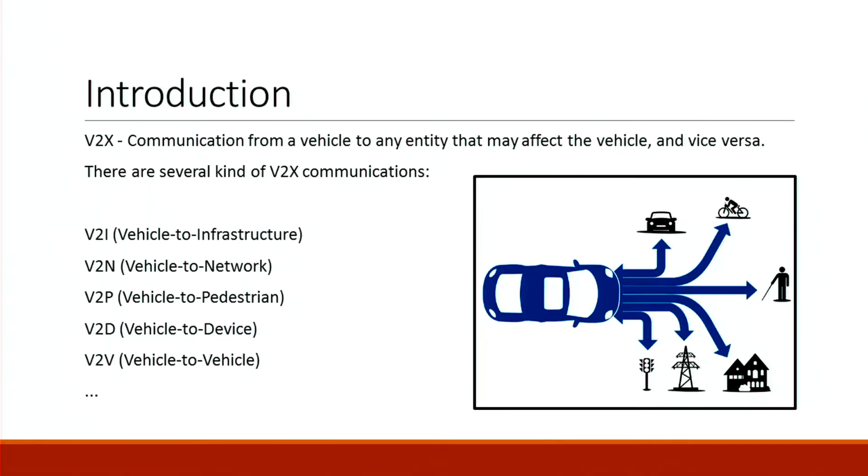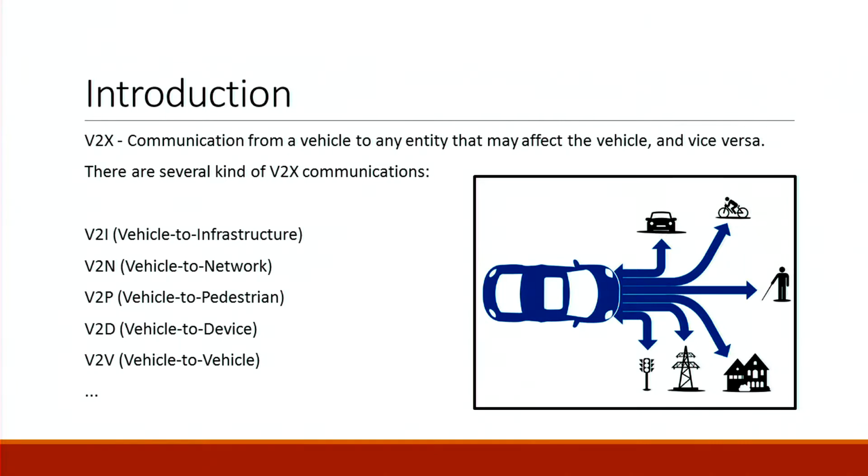Okay. So what is V2X? Before, in the introduction, you saw CV2X. C stands for cellular. V2X is an acronym that means vehicle to anything, and identifies all technologies designed to let vehicles interact with their environment.